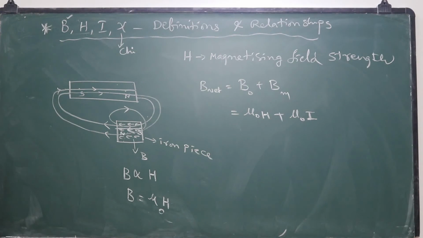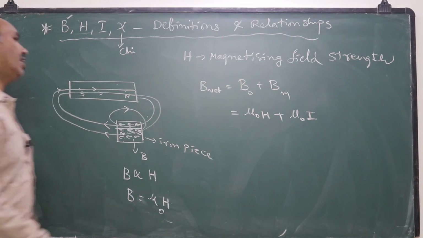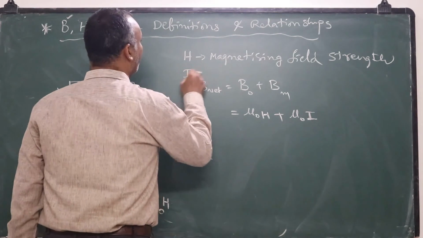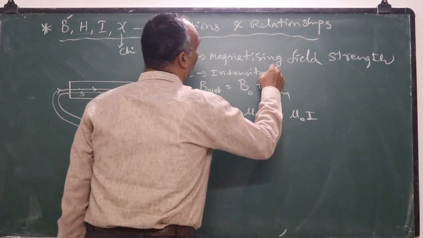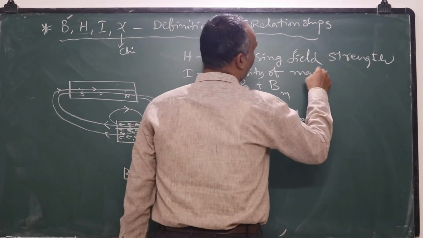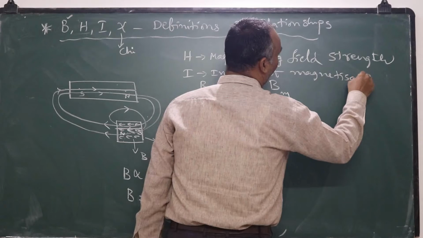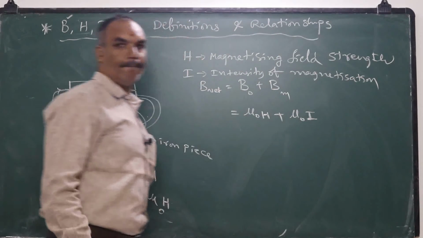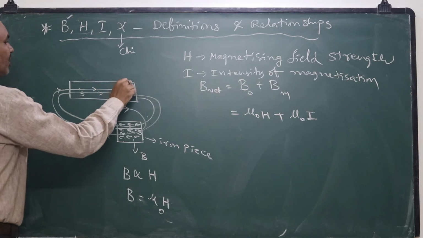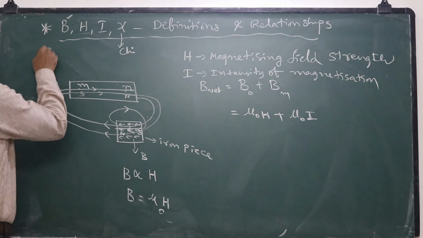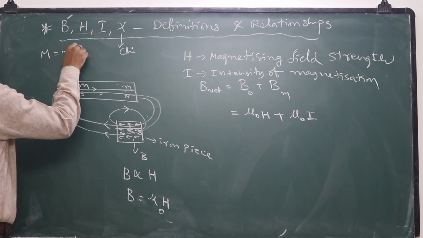I is called intensity of magnetization. You know that every magnet possesses its own pole strength and its own magnetic moment. Magnetic moment is defined as m into 2l.